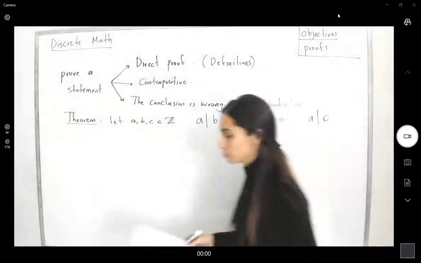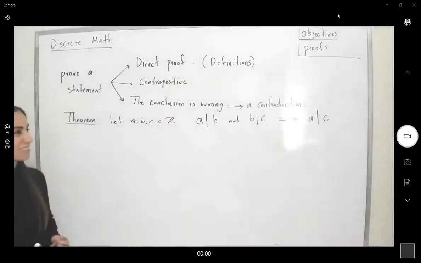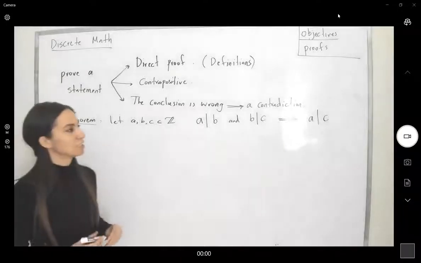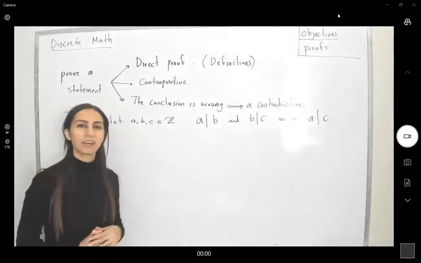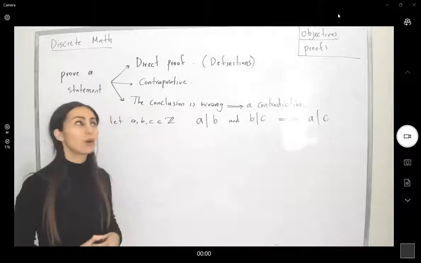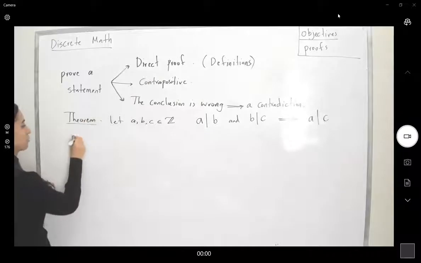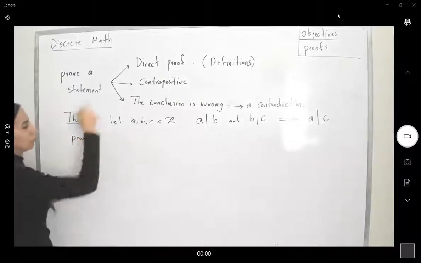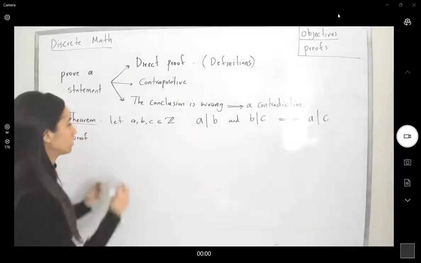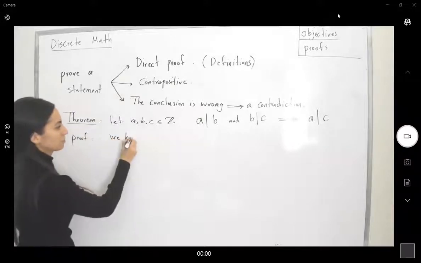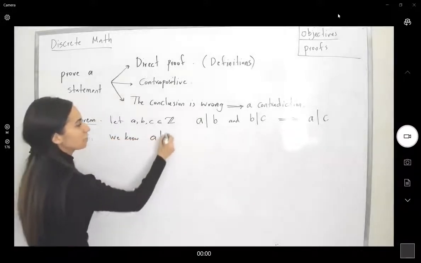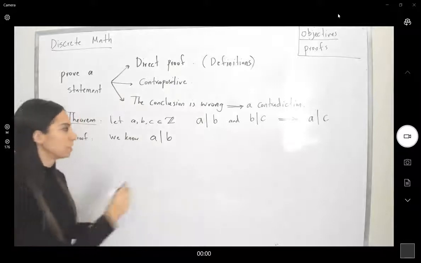Okay, how do we prove this? A divides c. We have the definition of divisibility, so let us use direct proof. Proof by definition. We know that a divides b. What's the meaning of that?